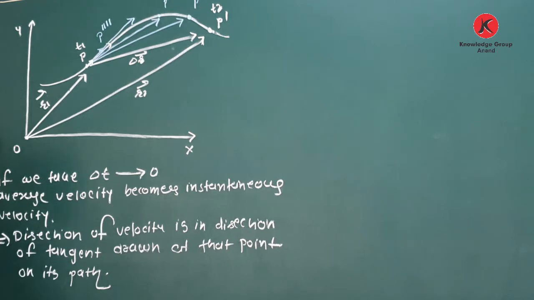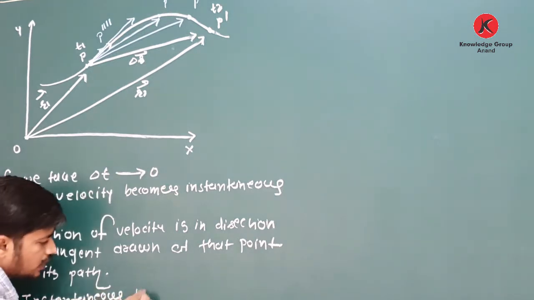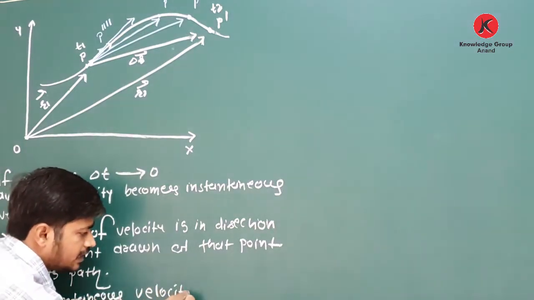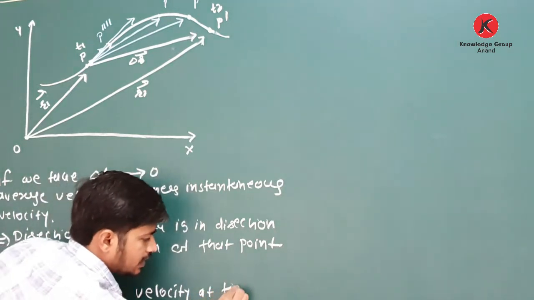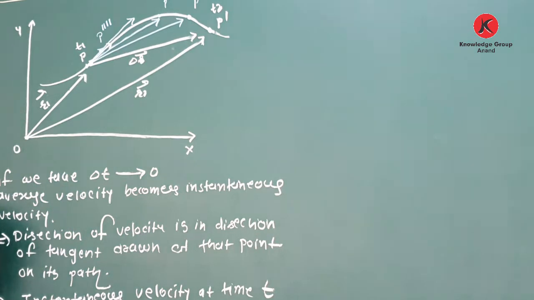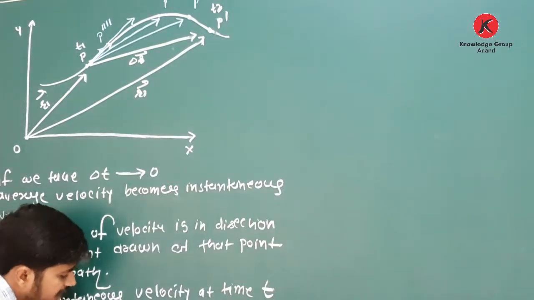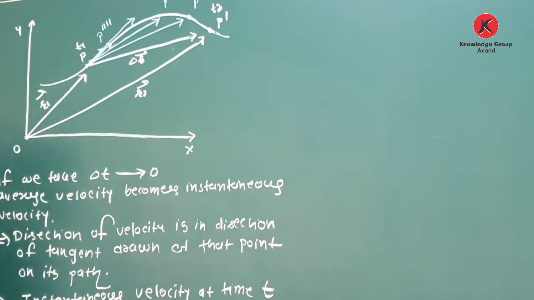Clear about this? Now, how to find instantaneous velocity? See, instantaneous velocity at time t: V is equal to limit delta t tends to 0 of delta r upon delta t.